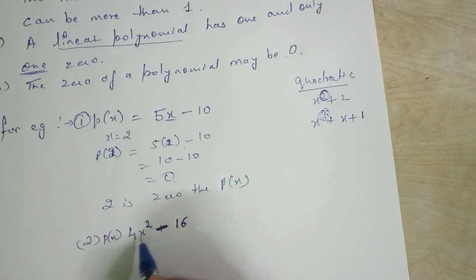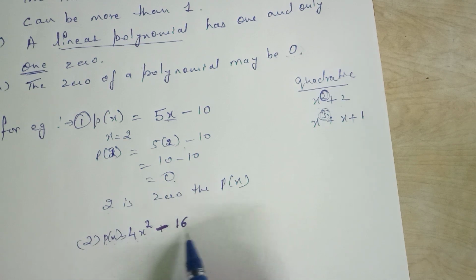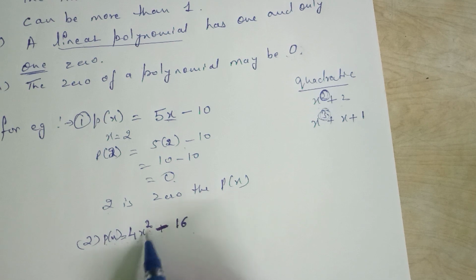Come to the next. Here the polynomial we have is p(x) = 4x square minus 16. What type of polynomial is it? It is a quadratic polynomial. Why? Since it has degree 2. So here we will get how many zeros? 2 zeros, because the degree is 2. Let us take the first value as 2.